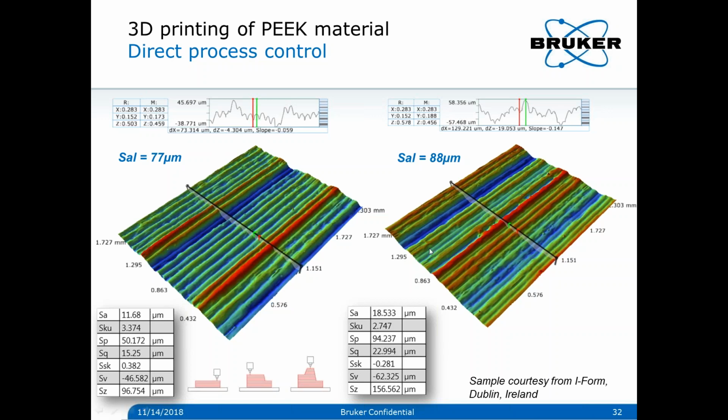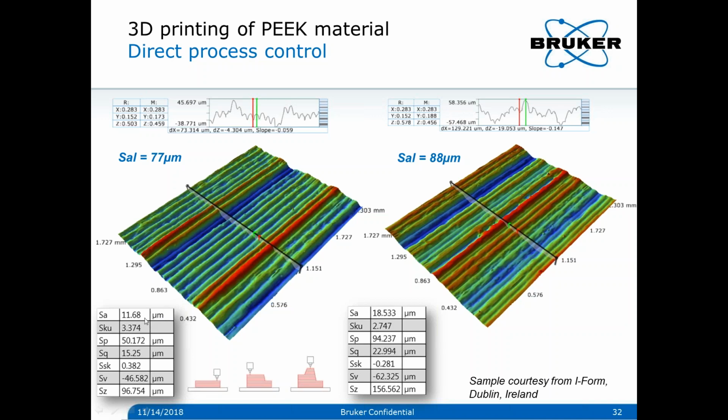The point is, what you see here on the left is a good process because the part has been found appropriate, and this part on the right has been found bad. If you look from a visual point of view, you see differences. Somehow the layers here seem to be irregular, and it looks like there is some kind of merging.